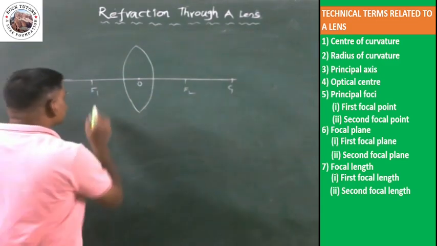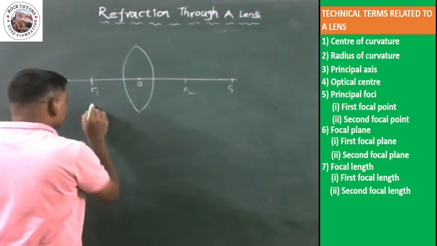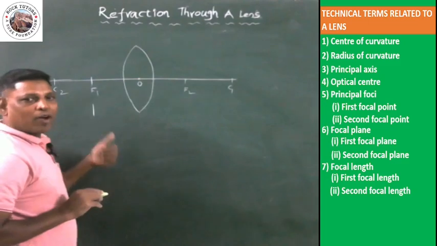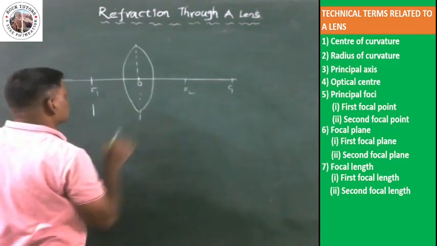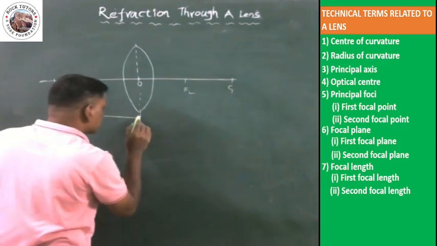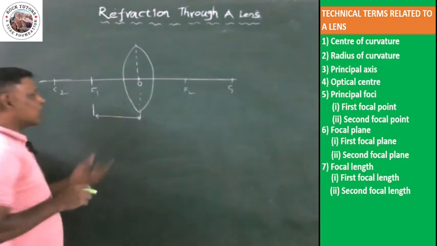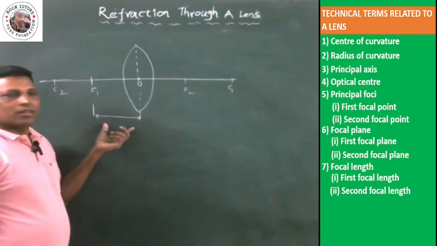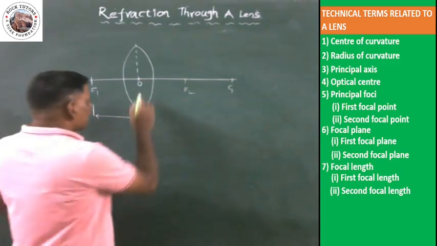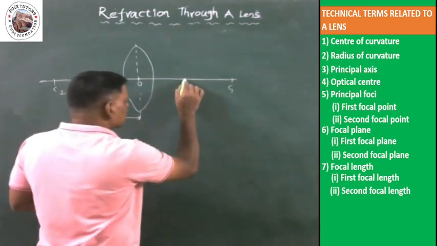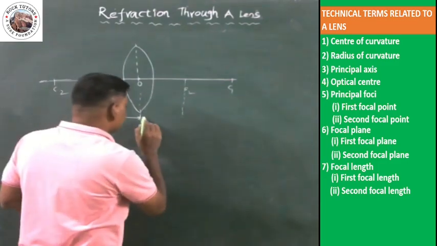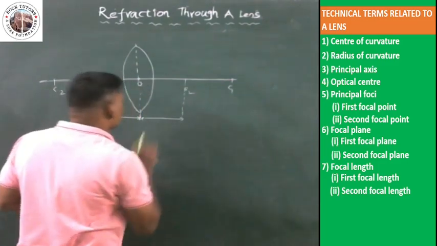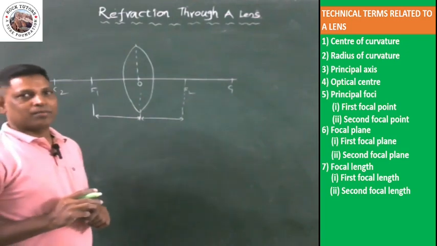Now the distance between the focal point and the optical center, this distance is called the focal length. From here also, from the optical center to the focal point, this distance is also called the focal length.